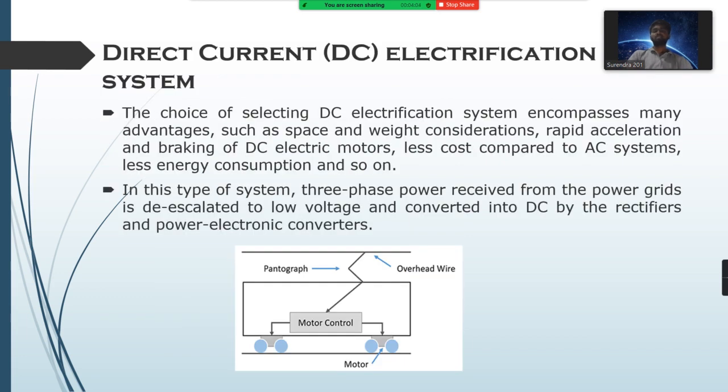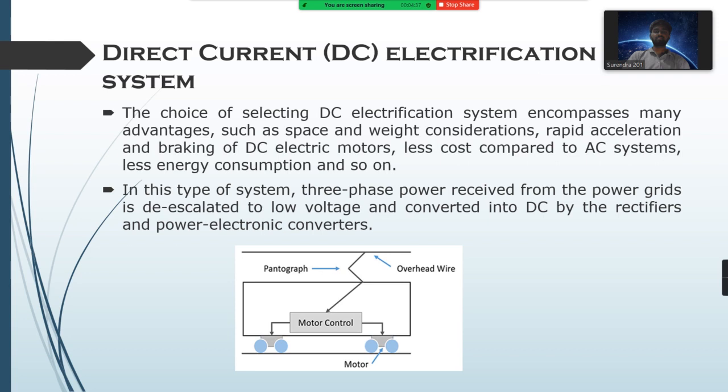Coming to the direct current electrification system, the choice of selecting DC electrification encompasses many advantages such as space and weight considerations, rapid acceleration and braking of DC electric motors, less cost compared to the AC system, less energy consumption, and so on. There are many advantages as compared to the AC electrification system.